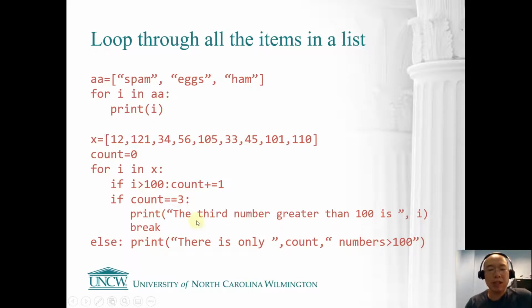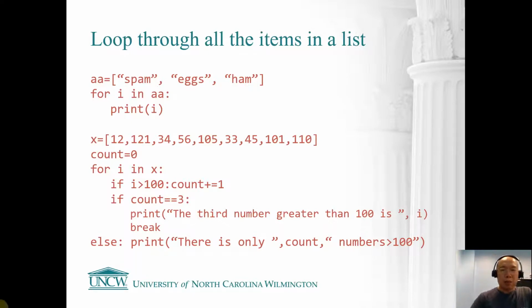So we say the third number greater than 100 is the current value i, and then we do a break. Why do we want to do a break? Because there could be even more values greater than 100, but I don't care anymore. As long as I have found the third value greater than 100, it's okay, I can stop.